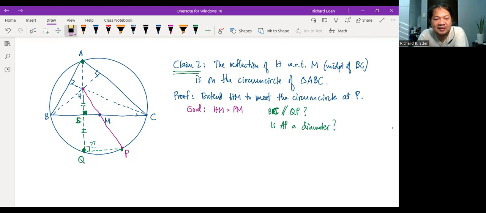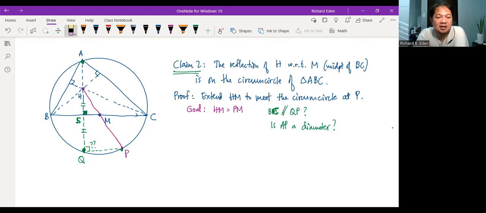So that would mean SM would be parallel to QP. So if you have that 90-degree angle at S, that would necessitate that 90-degree angle that I drew at point Q. All right, so parang we're working backwards, we're looking at the consequences.